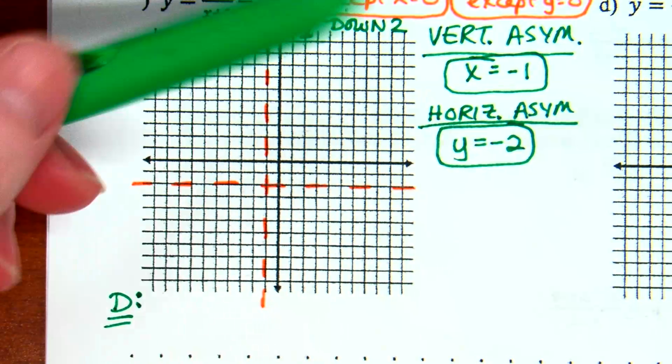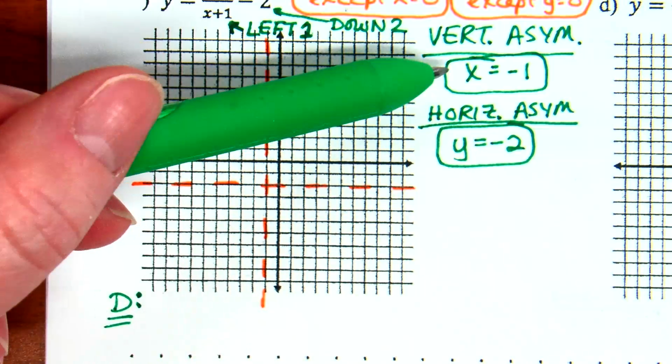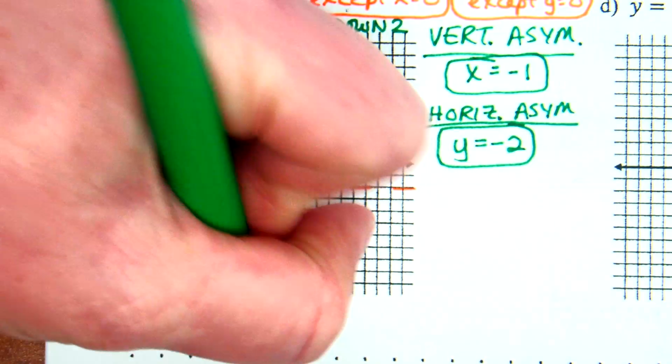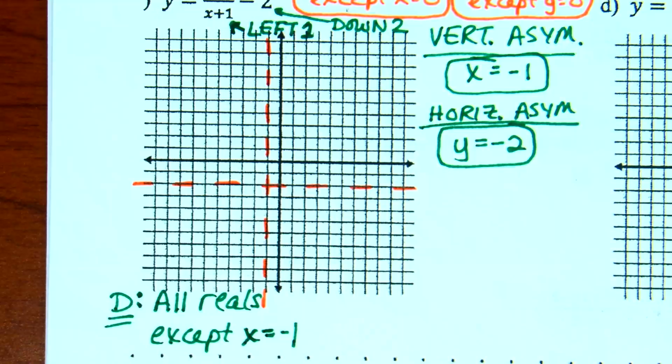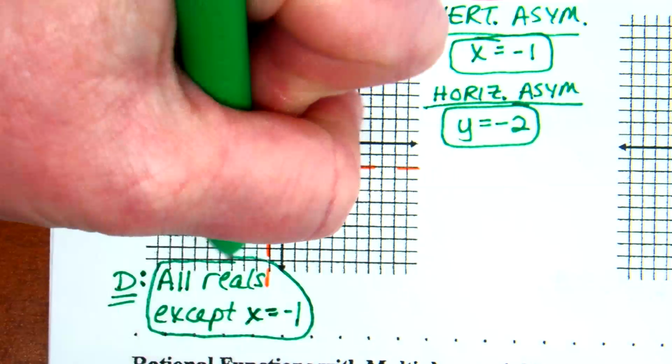Yeah, it's our h value. It's how far we moved left. So it's all reals except our vertical asymptote. All reals except x equals -1. You see how easy I pulled that together? Once you have the asymptotes, you use those to do your domain and range.